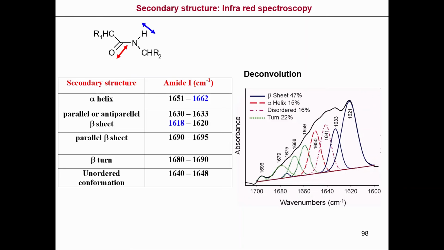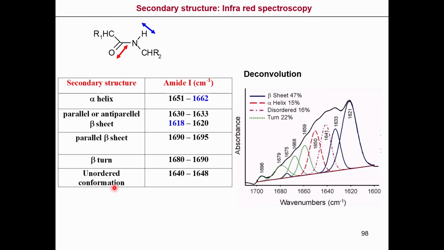Depending on the secondary structure, we will have several bands. The alpha helix, for example, corresponds to this wave number, the beta sheet corresponds to this wave number, and so on.